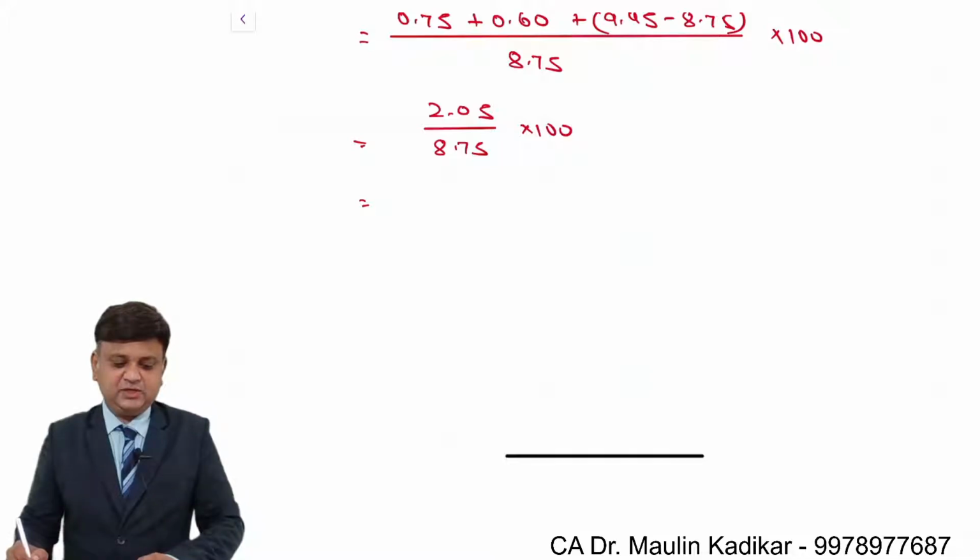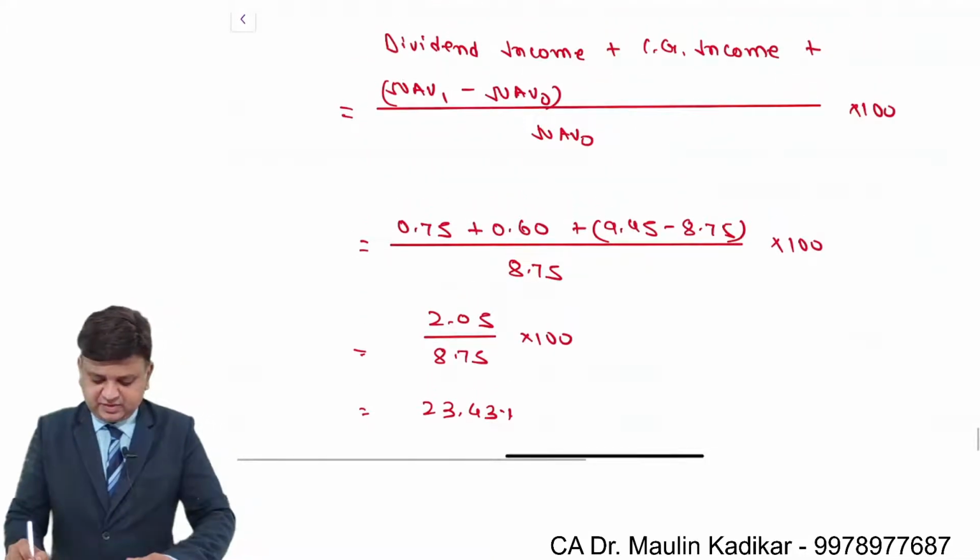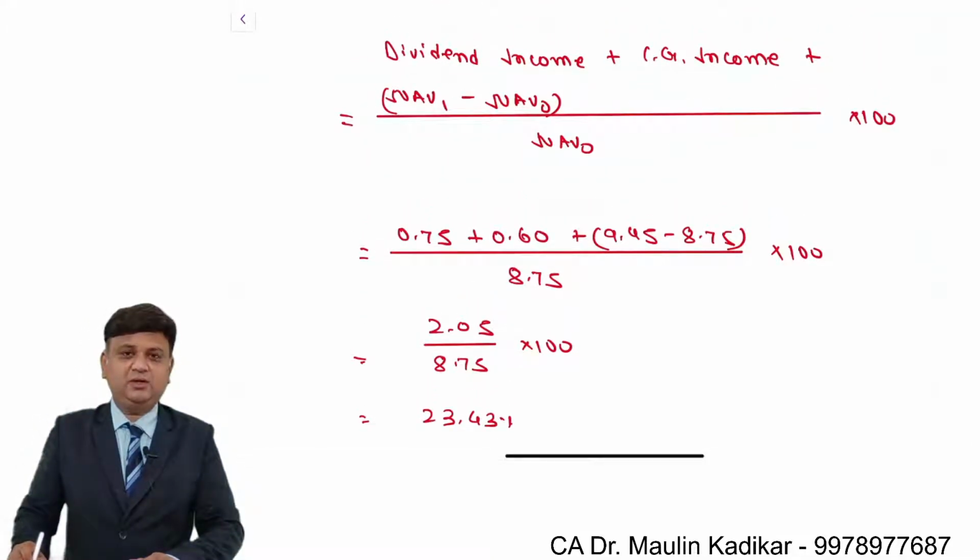That is the way the return is found: 23.43%. This is the way the return is supposed to be calculated if the dividend and the capital gain are not reinvested.